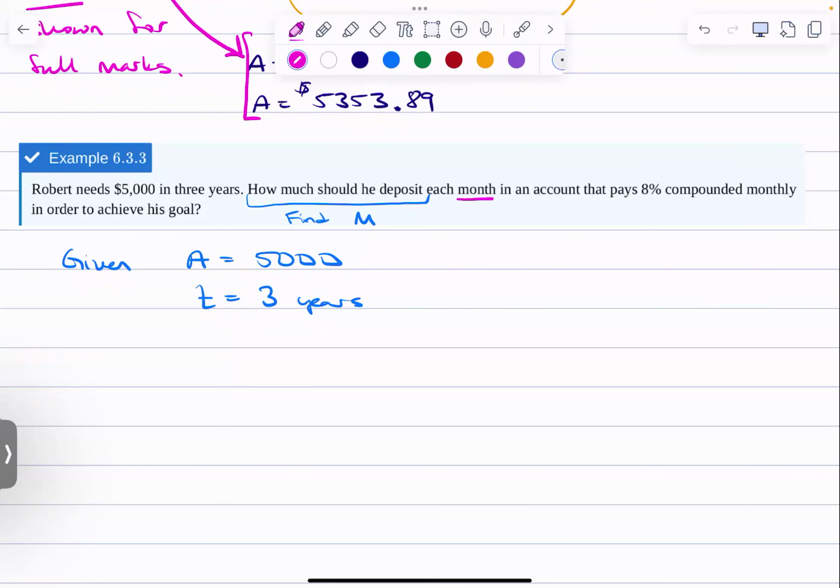I'll just do the monthly and the monthly here. So he's making some unknown payment amount that we're going to solve for each month in an account that pays R equals 0.08 with an N of 12, monthly.